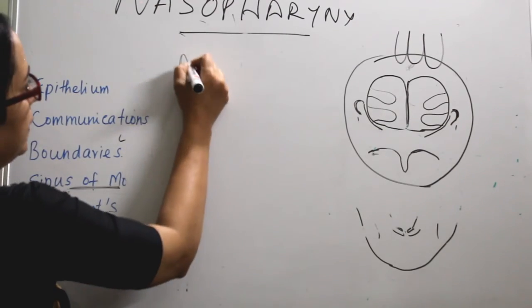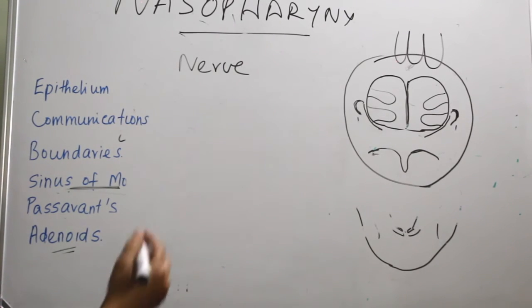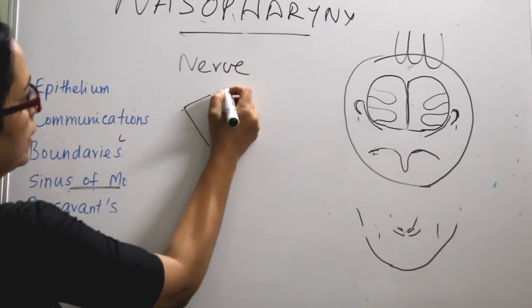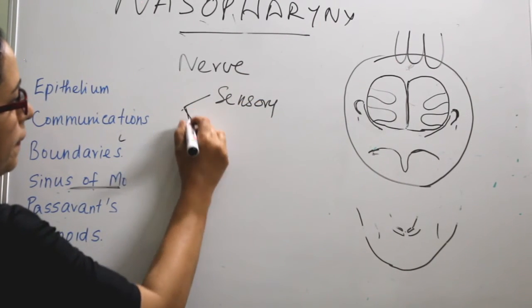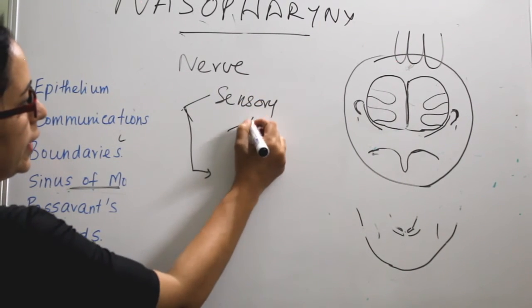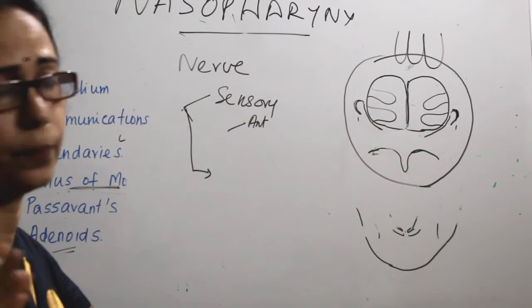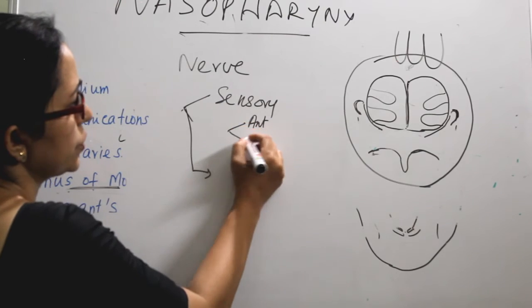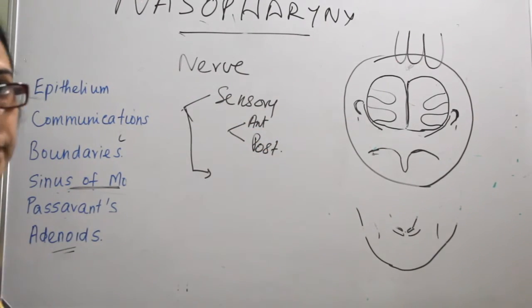Next is the nerve supply. You have both motor and sensory. Sensory supply, we can divide into the part anterior to the Eustachian tubal opening, the important structure in the lateral wall, and the part posterior to it.